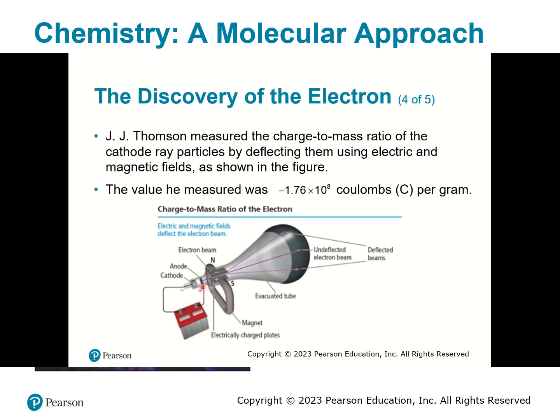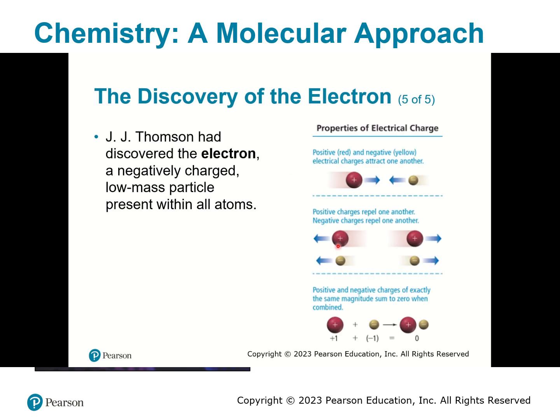The tube has a magnet surrounding it, and electrically charged positive and negative plates near the anode, with electrons being passed through the plates in a widening evacuated tube. Some will be deflected to the upper and lower edge, while the others will be undeflected, going straight to the center of the tube.